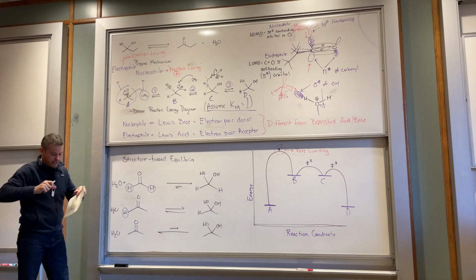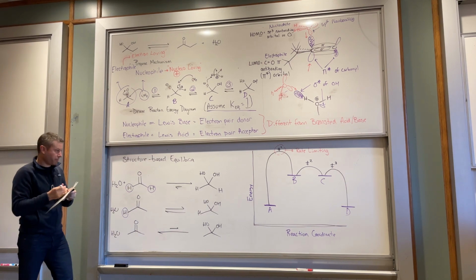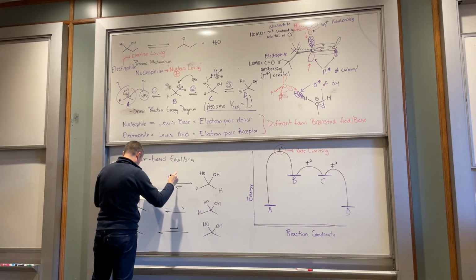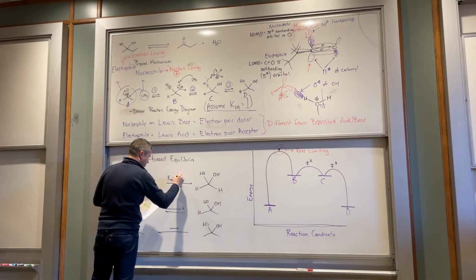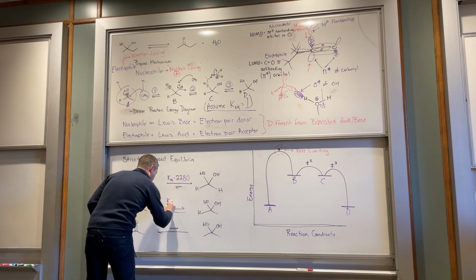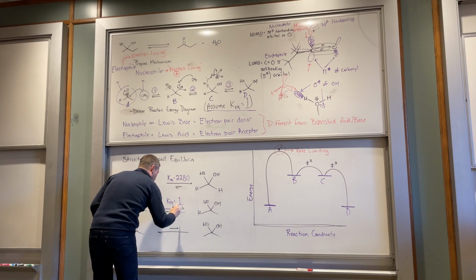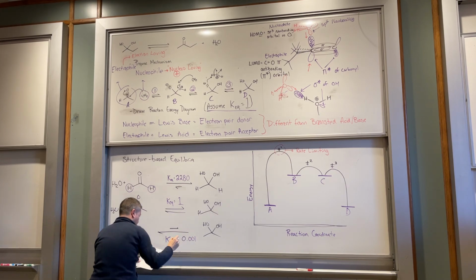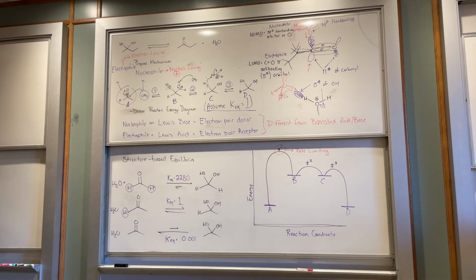Okay, I've shown you the direction of the equilibrium. All right, but let me give you some numbers here. Right, so the Keq of the reaction up top is 2,208.